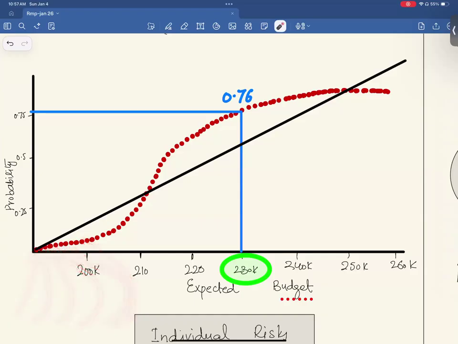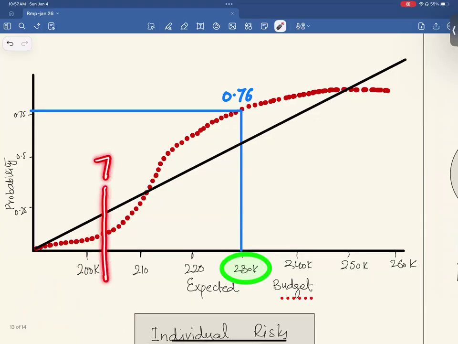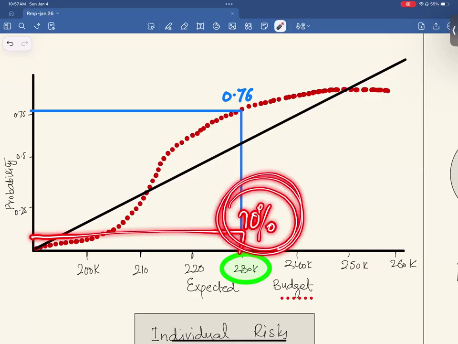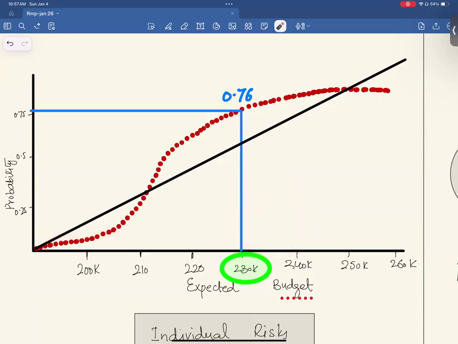So we are saying, if 77 risks have occurred, what would happen? If 77 risks have occurred, there are only, let's say, 10% chances that we will complete our project in 230K.